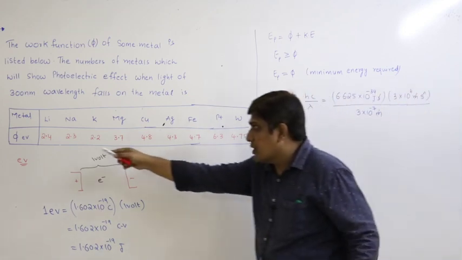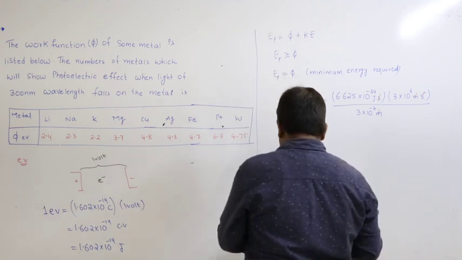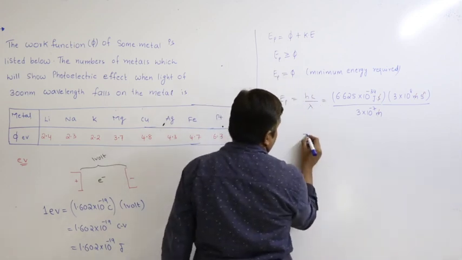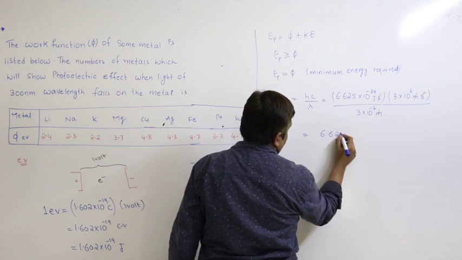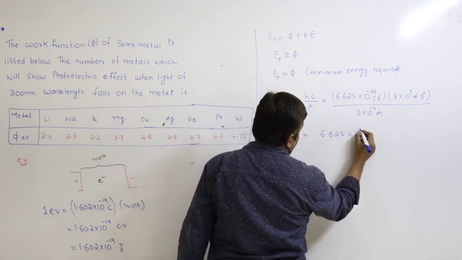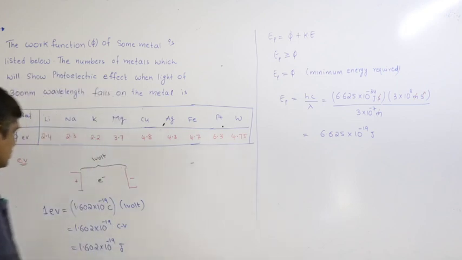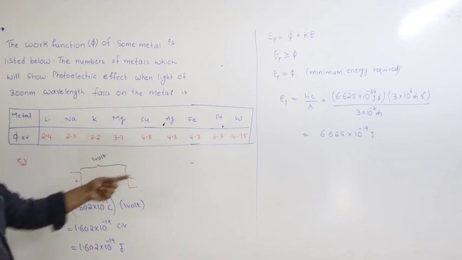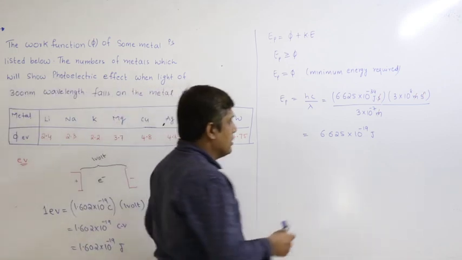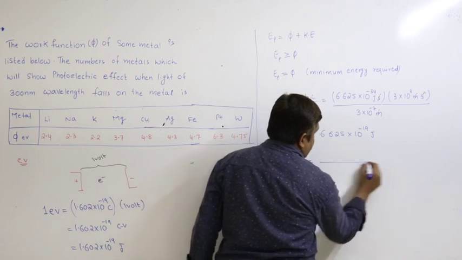But here to compare, what do we require? Electron volt. So this is equal to 6.625 into 10 power minus 19 joules. Let us convert it into electron volts. So these many joules equal 1 electron volt. How many joules do we have? 6.625 into 10 power minus 19.